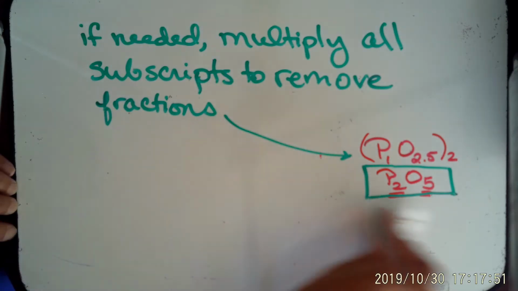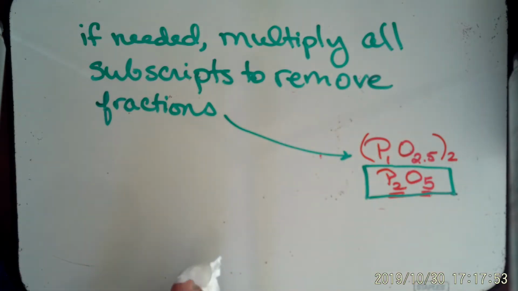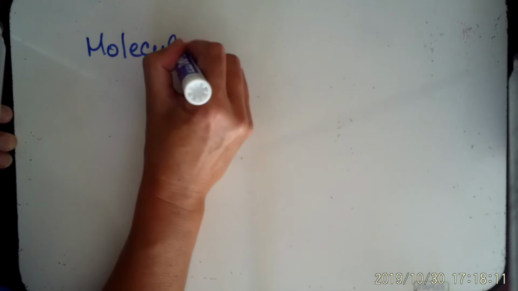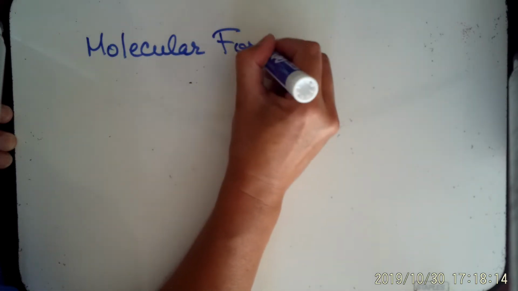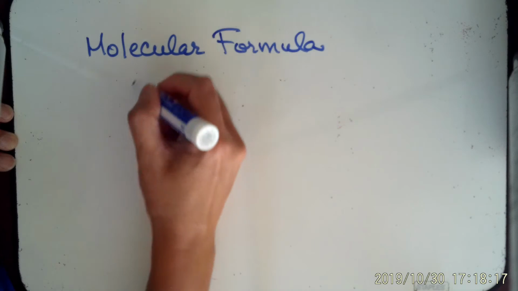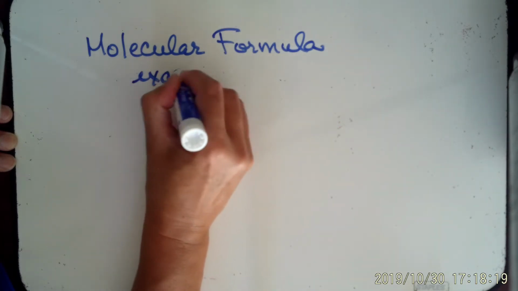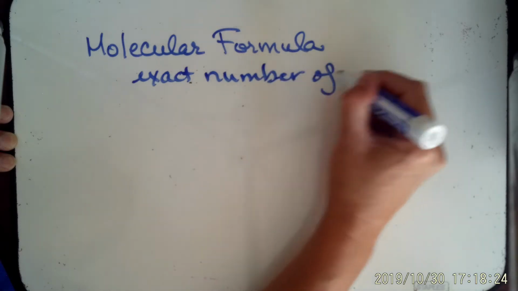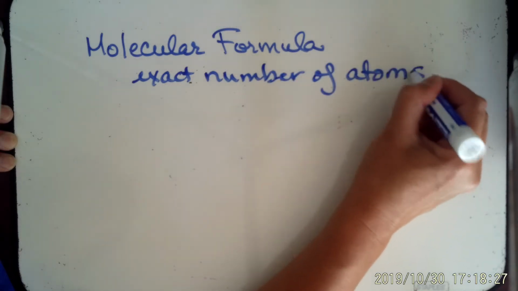Okay, so now that you know how to do empirical formula, let's move on to molecular formula. So what are the requirements to do molecular formula? Well, when we went back to a previous example, when we discussed the definitions of empirical and molecular formulas, this is the exact number of atoms of each element.